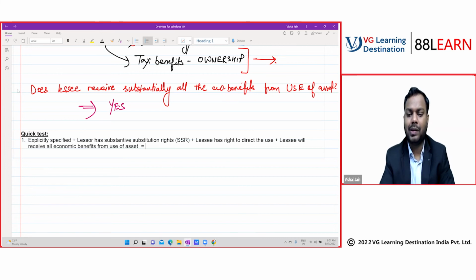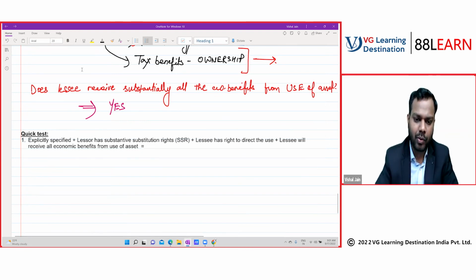Question is, is there a lease contract? Tell me, is there a lease contract? No. Why? SSR, very good. No, as lessor has SSR. Very good.